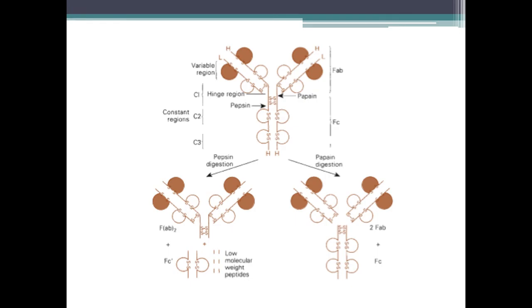So, in order for you not to forget the action of papain and pepsin on the antibody, remember that if you just alphabetize the two, papain will appear first before pepsin, which means that papain would act higher than pepsin. So papain acts on the hinge region, giving you 2Fab plus Fc, while pepsin will give you F(ab')2 plus an Fc prime.